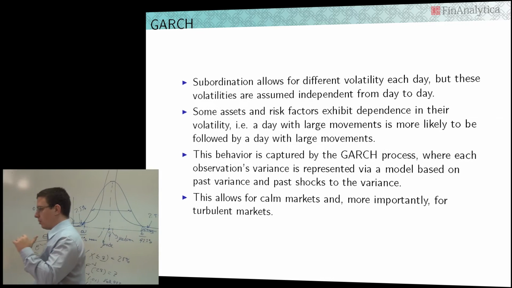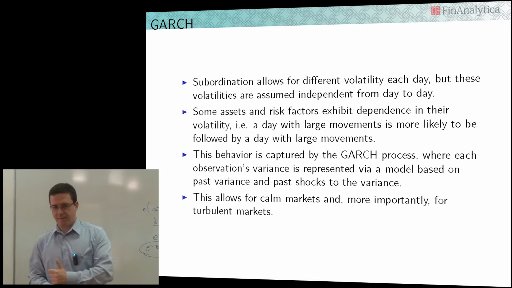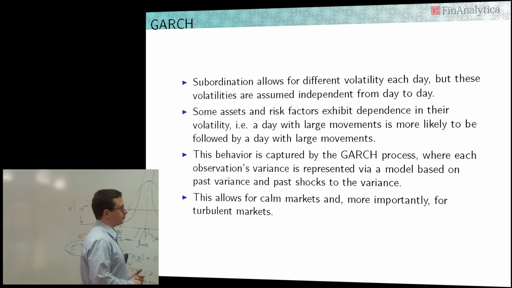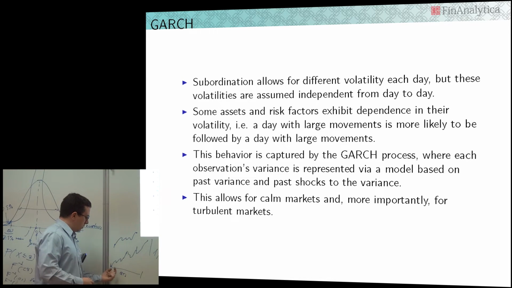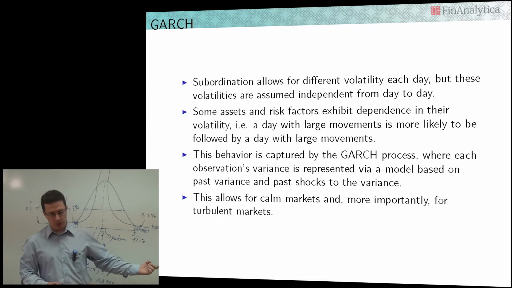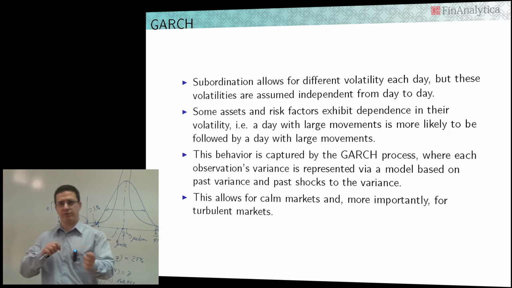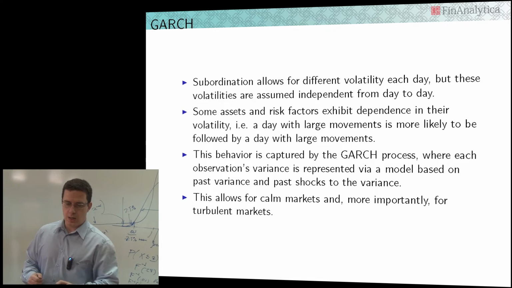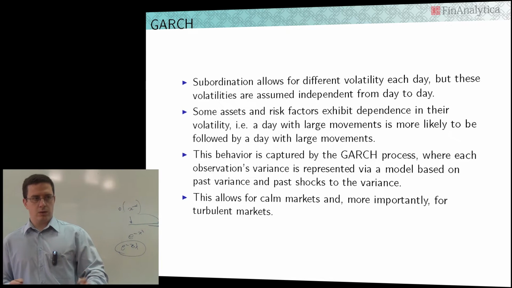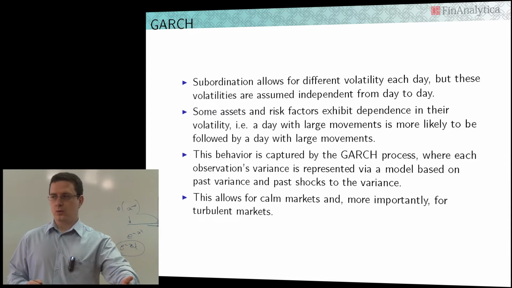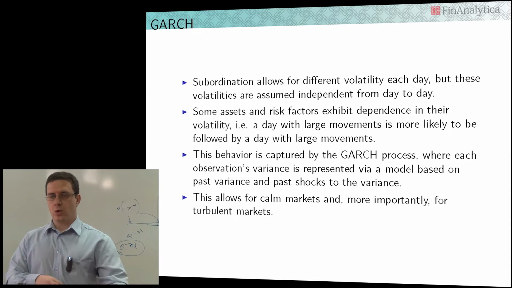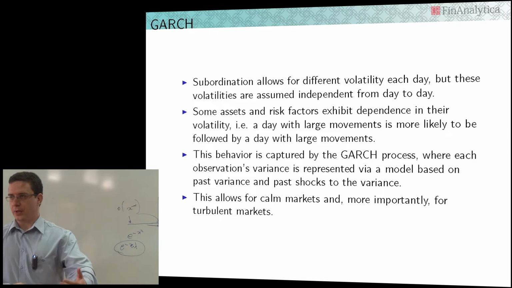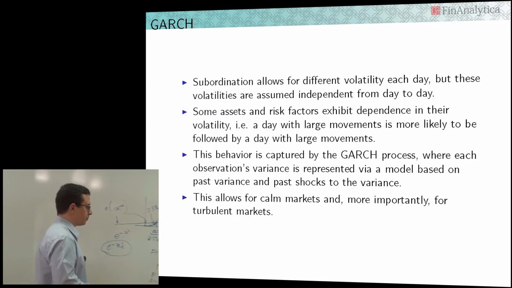Now, you can take it a step further in a sense. The changes to the market timing, the subordinator, are independent from day to day. So if today is a slow news day, this does not say that tomorrow will be slow or fast. You just don't know. They're independent events.